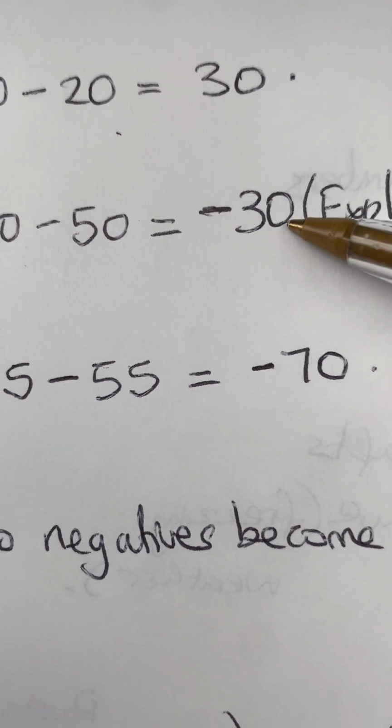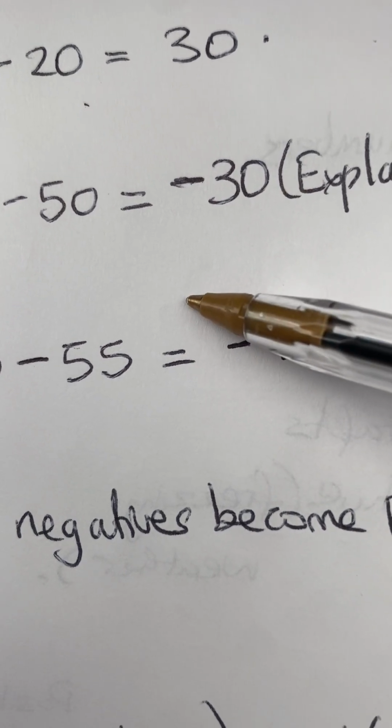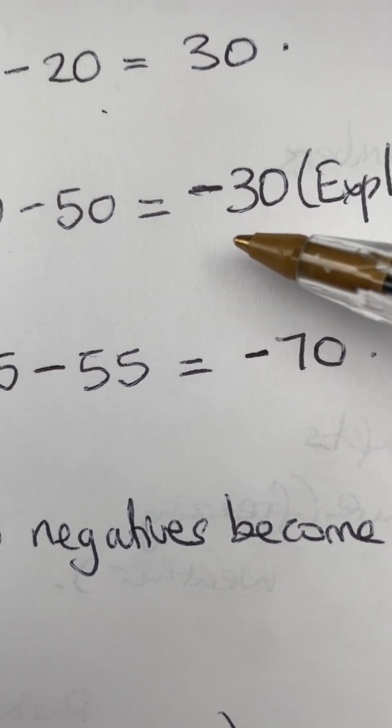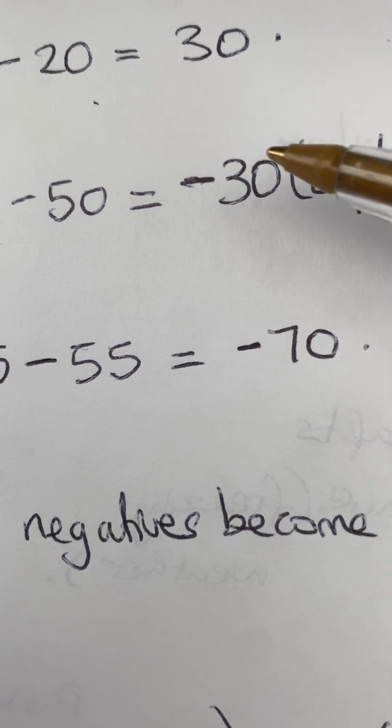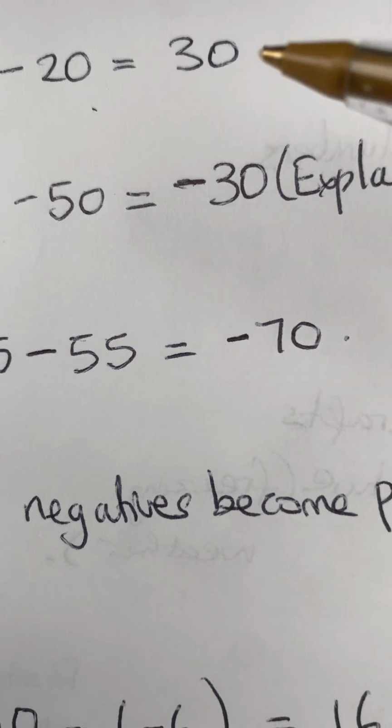So now you owe 30 pounds. That's why you have a negative, and that's where the overdraft idea comes from.